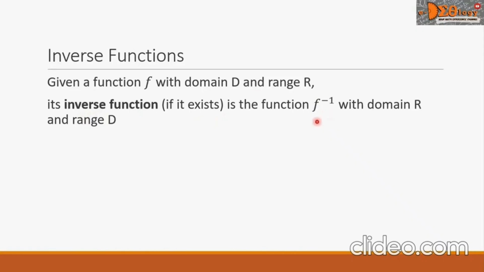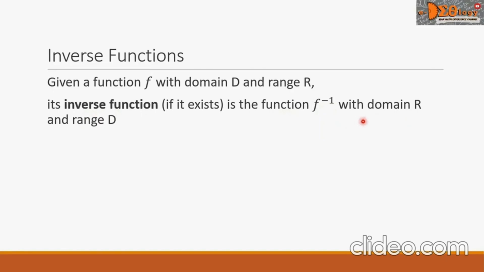Take note, do not be confused: this -1 is not an exponent of f. The -1 here is only a notation for inverse function. So let us continue. The inverse function, with this notation, has domain R and range D.